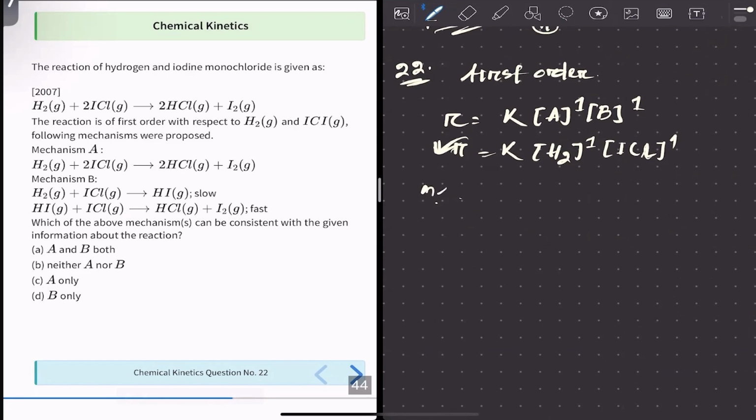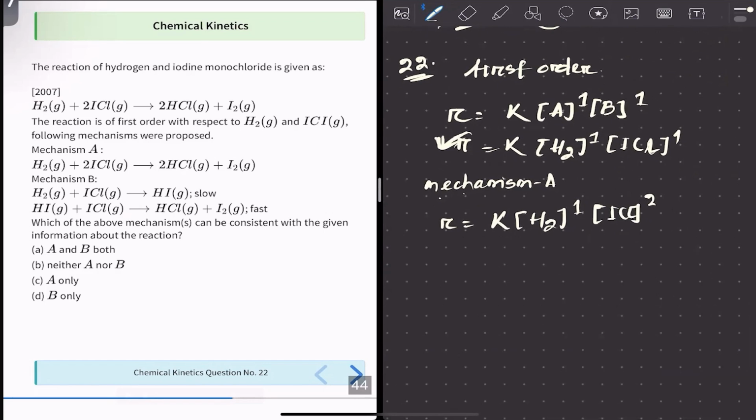So for mechanism A, the rate would have K [H2]^1 [ICl]^2, but it is not matching the correct rate law, that is H2 to the power 1 and ICl to the power 1. So mechanism A is incorrect.